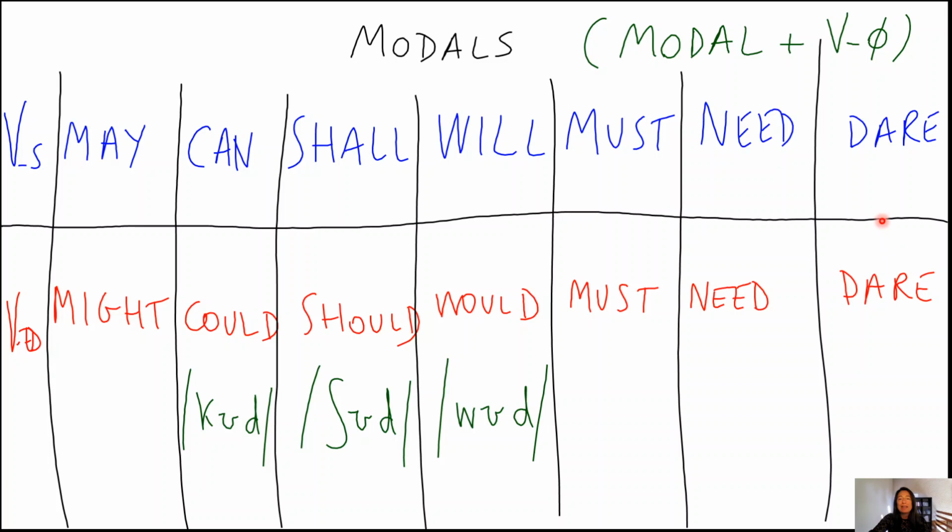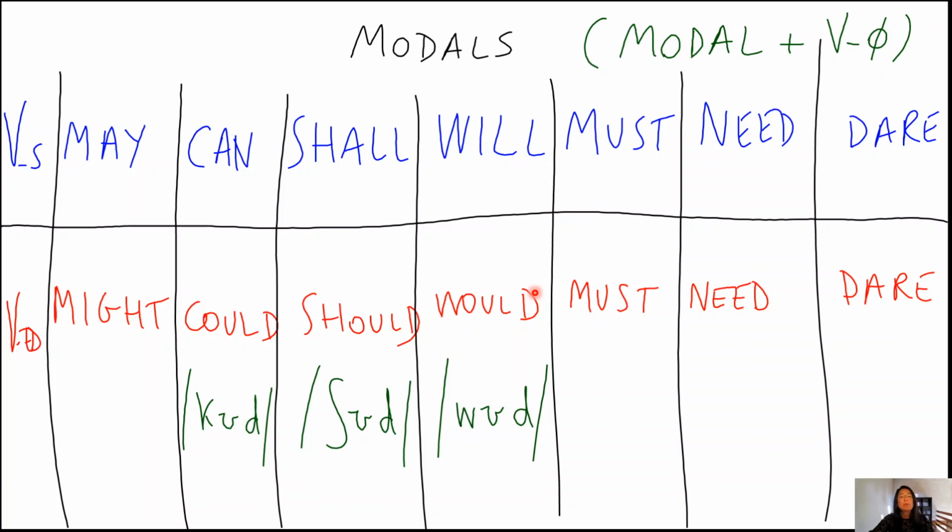And also, let's point out quickly that need and dare can be either operators, so modals, or verbs. And also, these two are not very common. One last point, make sure you pronounce the OULD sequence correctly. The L is never heard, so could, should, would is the correct pronunciation.